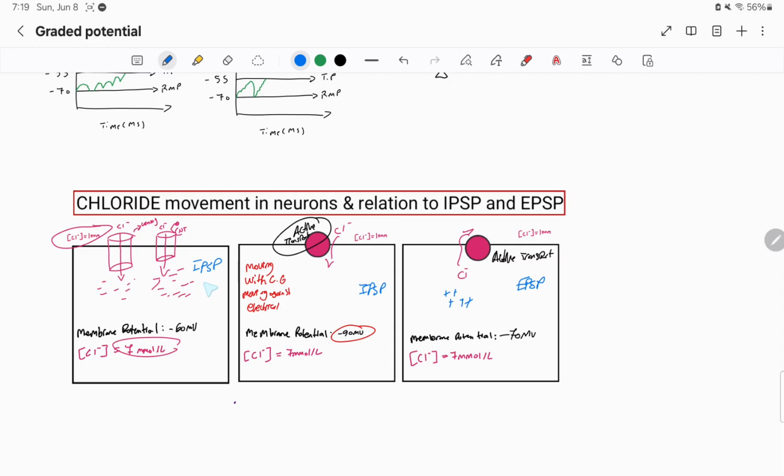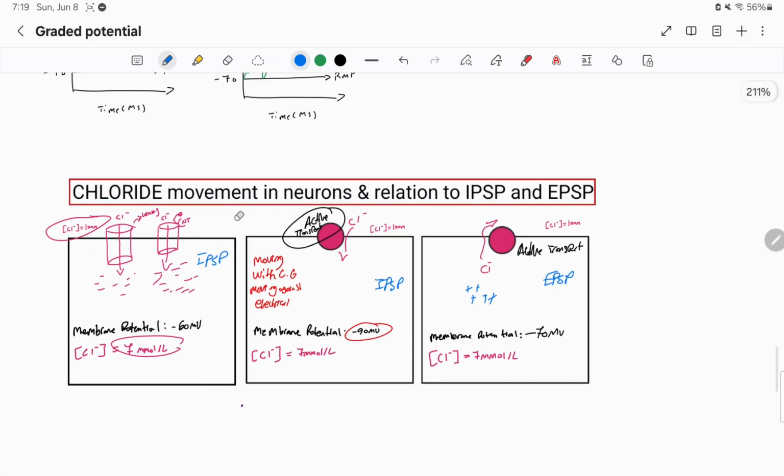And another way we said you can have an IPSP is if you have a ligand-gated channel, which in response to some neurotransmitter opens its gate and allows chloride to go down its concentration gradient and electrical gradient, because remember, it's -70 millivolts for the equilibrium potential, which means chloride will move into the cell until it makes the cell -70. So that's an IPSP, guys. That's how we cause 2 IPSPs here and an EPSP.